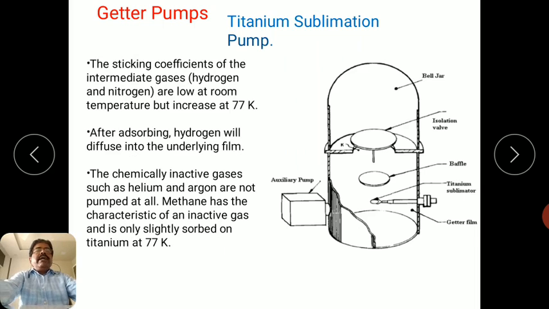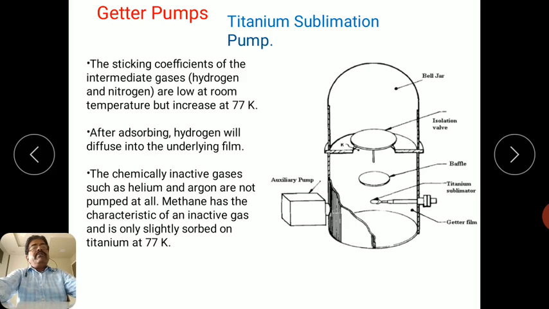Whereas some of the gas molecules, known as intermediate gases, have a slightly lower sticking coefficient as compared to the active gas molecules. Examples are hydrogen or nitrogen. At room temperature, their sticking coefficient is low, so they cannot be pumped easily at room temperature. But it is found that if you cool this surface, then at a certain temperature like 77 degree Kelvin, the sticking coefficient increases.